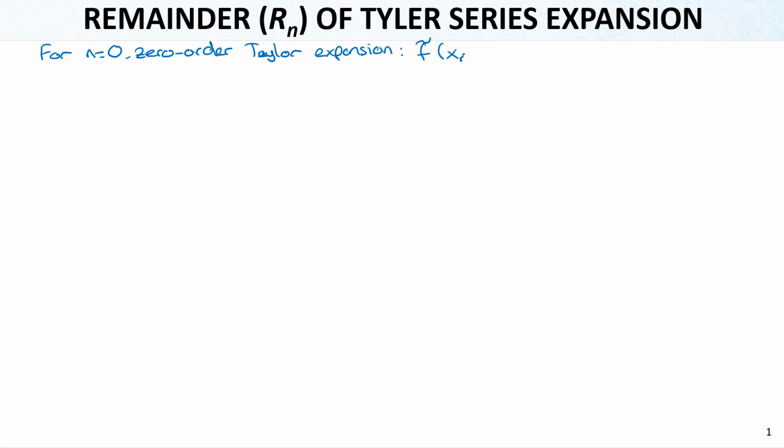The prediction of xi plus 1 is equivalent to only the first term, which is just the function value. And if we say that this is the actual value without the tilde, which means it is the exact value, then we need to add the remainder term. And because this is the 0 order, the remainder term is R0.